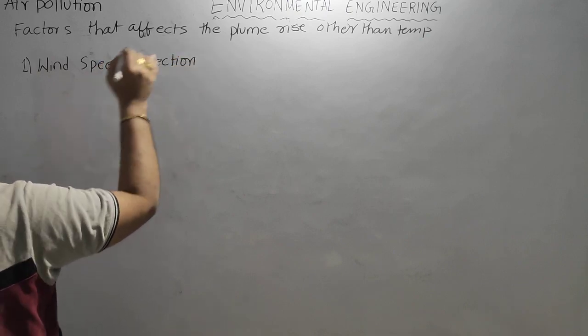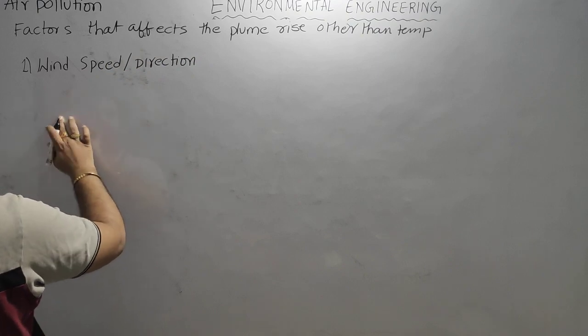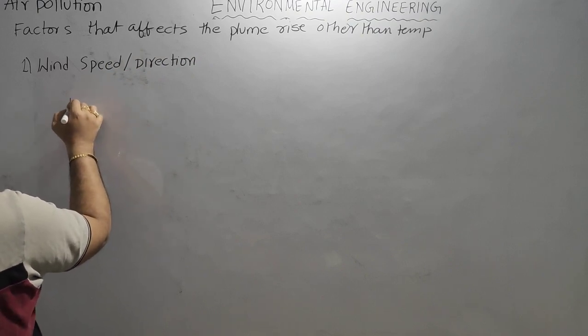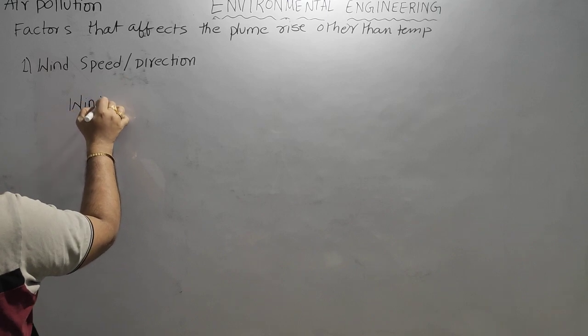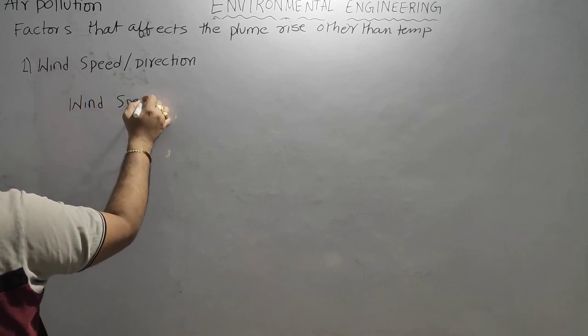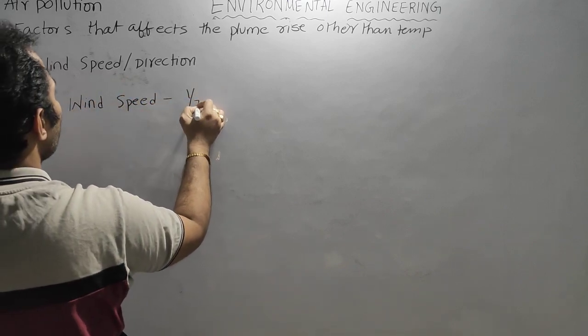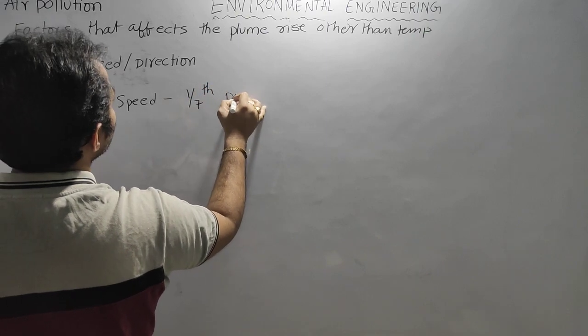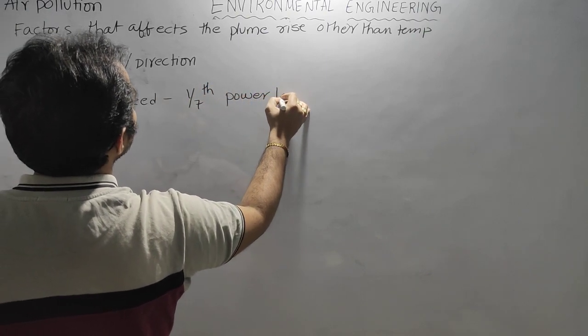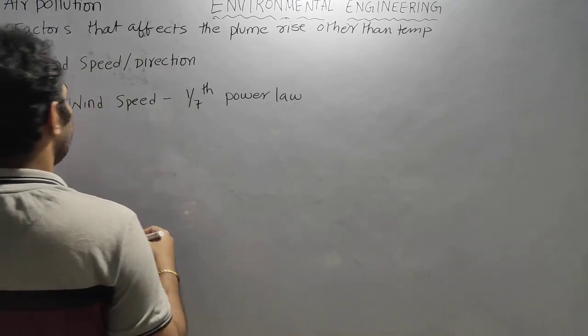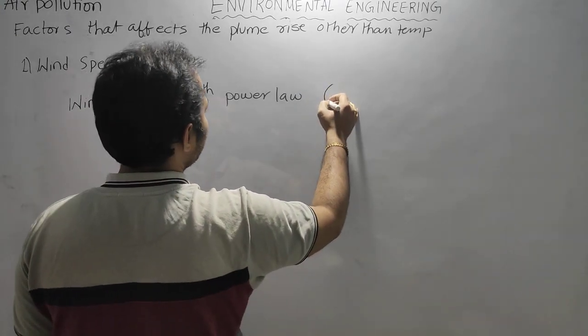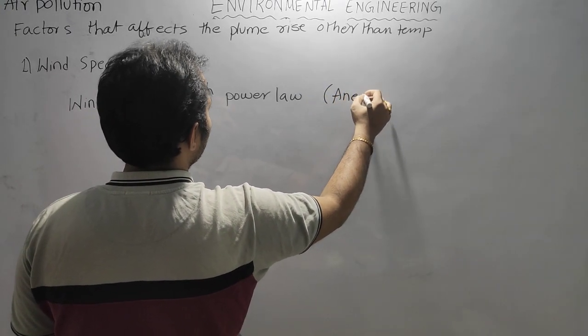Wind speed and direction. Generally wind speed we measure using the 1/7th power law, and the equipment we use is the anemometer.